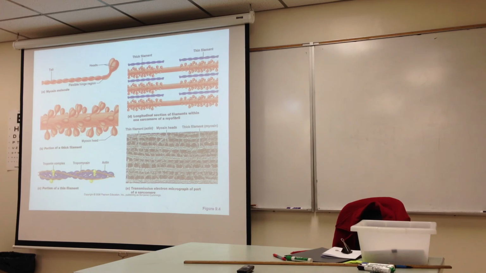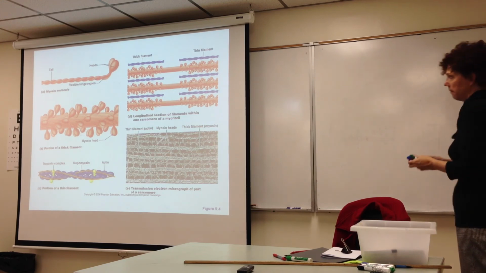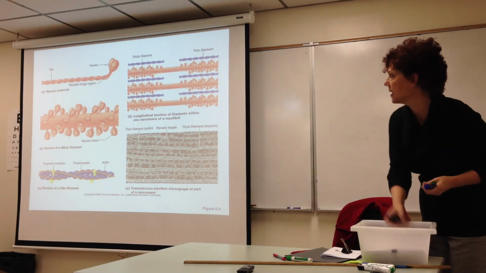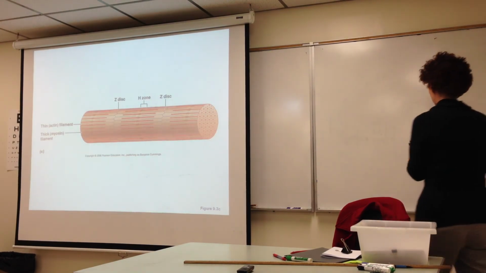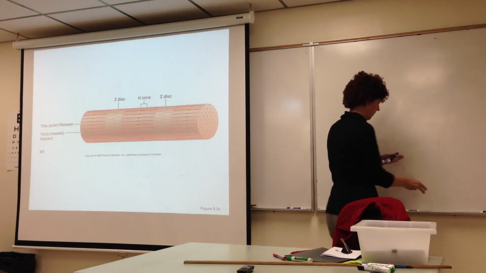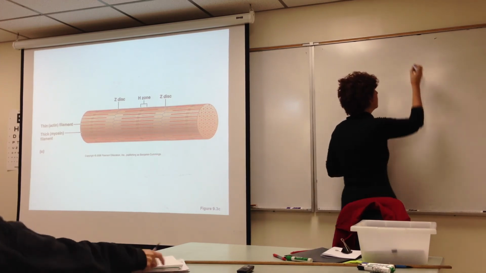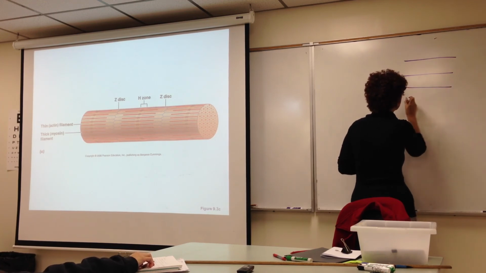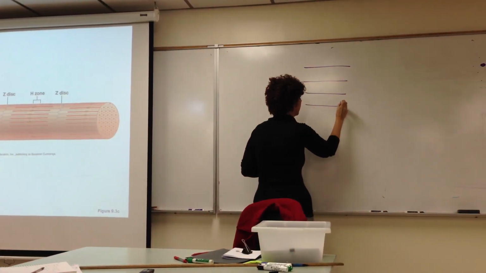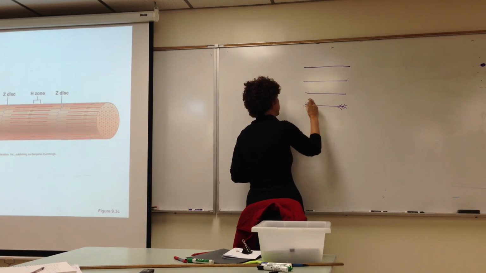But the filamentous myosin has multiple myosin heads at each end. So I'm going to diagram a pattern similar to that as we look at a sarcomere. So, filamentous myosin, the myosin head.